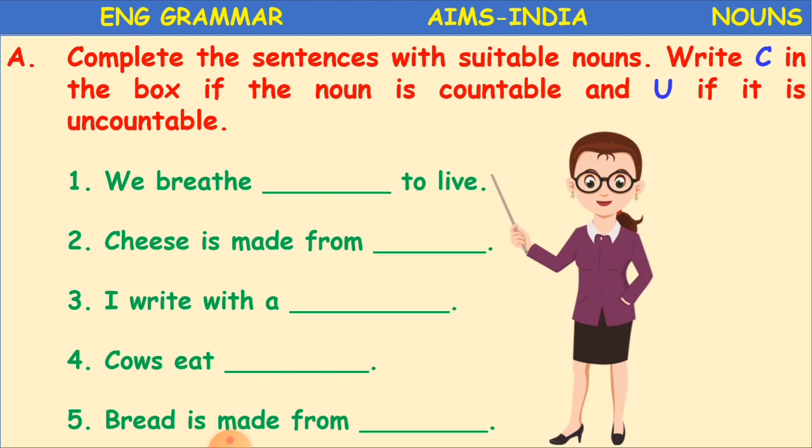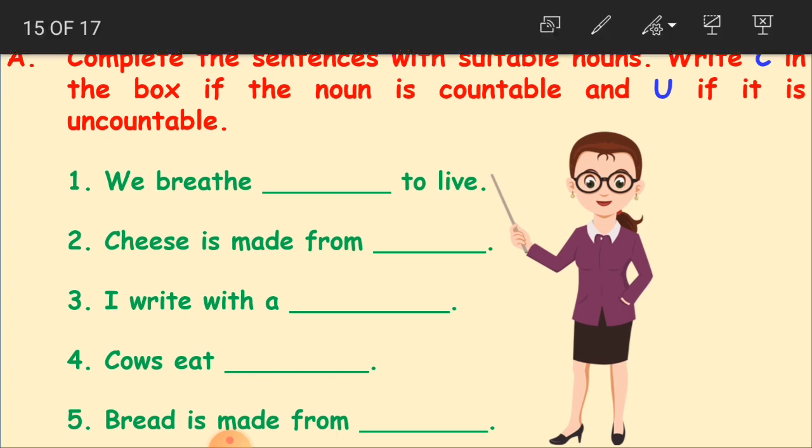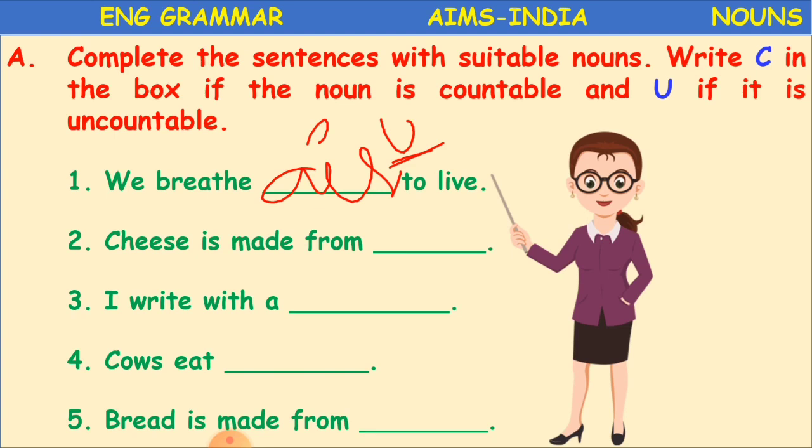Here we have 5 sentences. We breathe dash to live. For example, we breathe air to live. Air is uncountable. I did the first one for you; do the remaining sentences the same way.